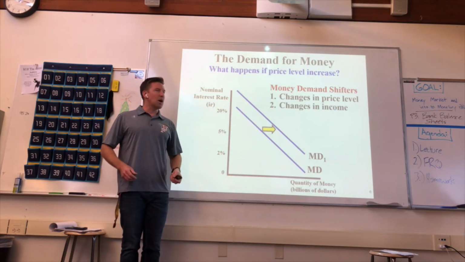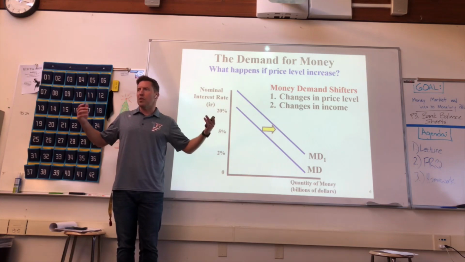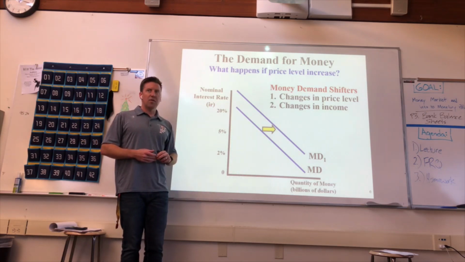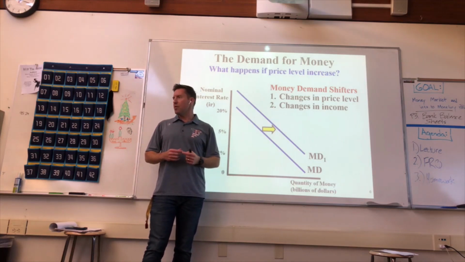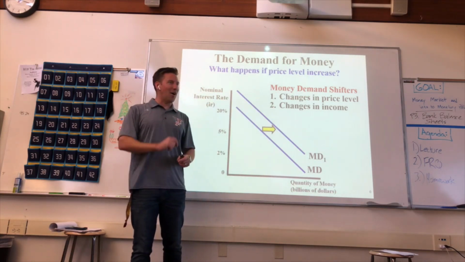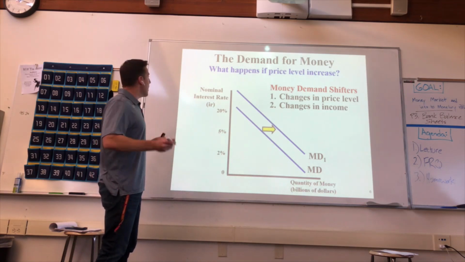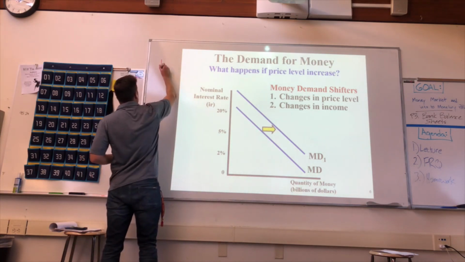What if there's changes in income? If all of a sudden our nation is richer, are we going to need more money? If you get richer, what's the first thing you do to yourself? You treat yourself, right? And so we need more money. So check it out. How will they express that in an exam?